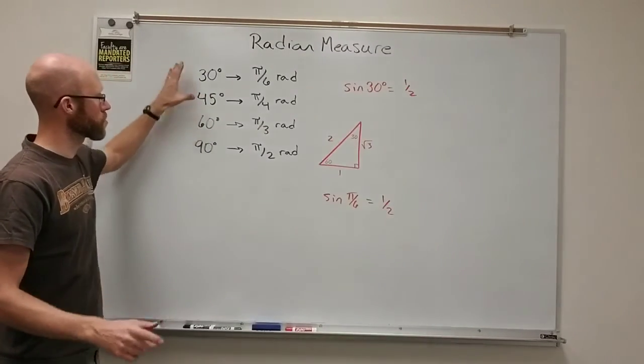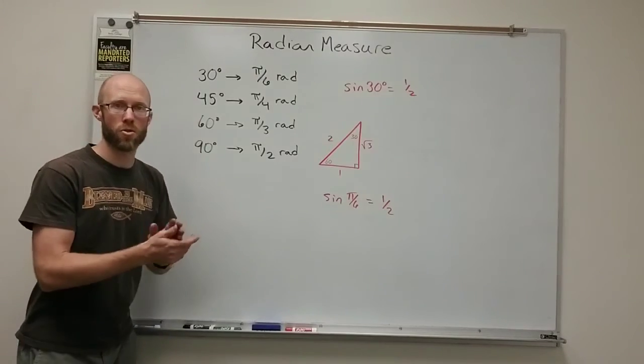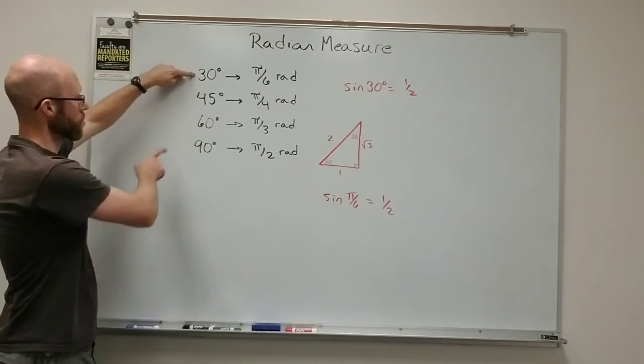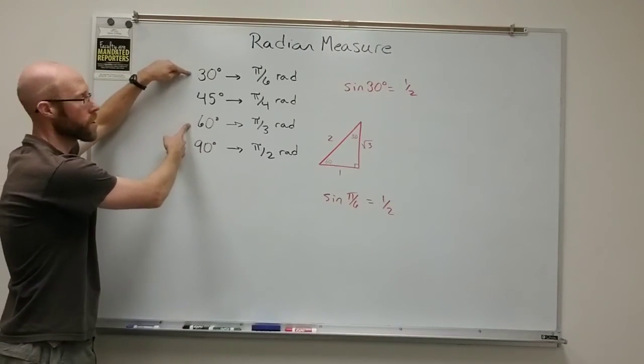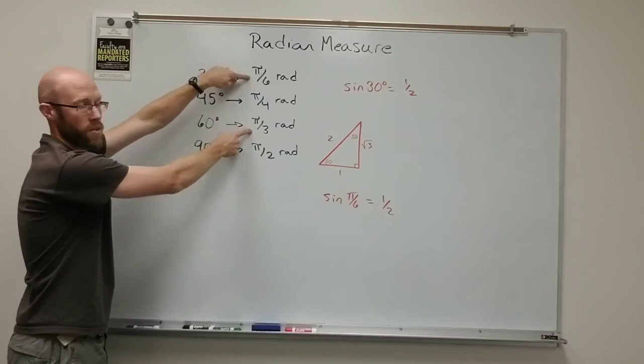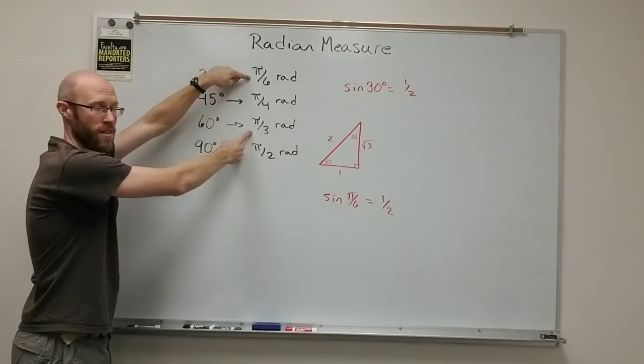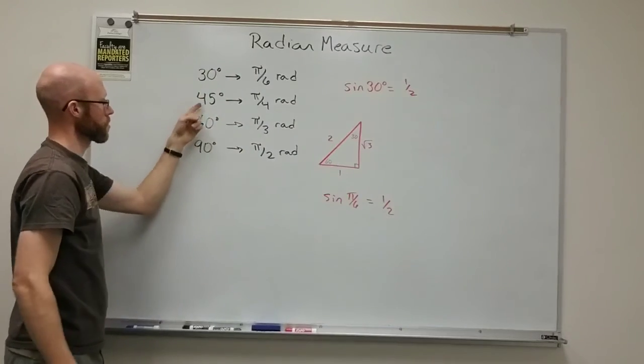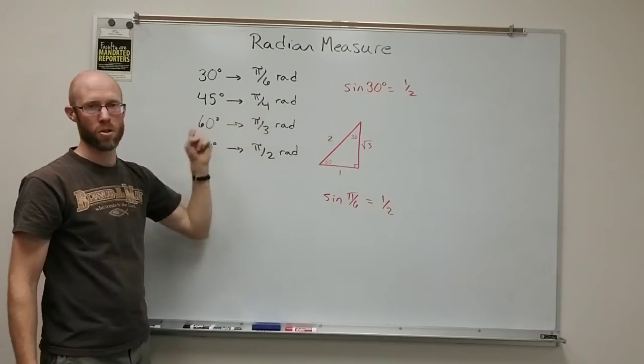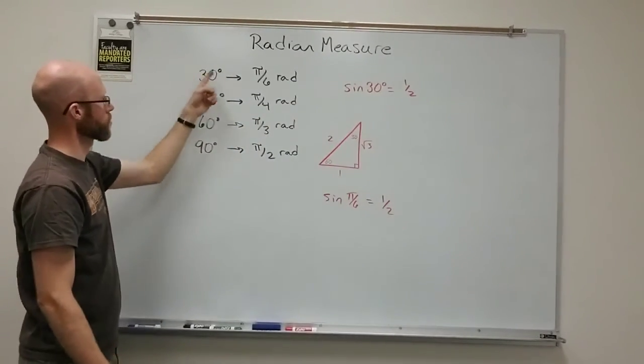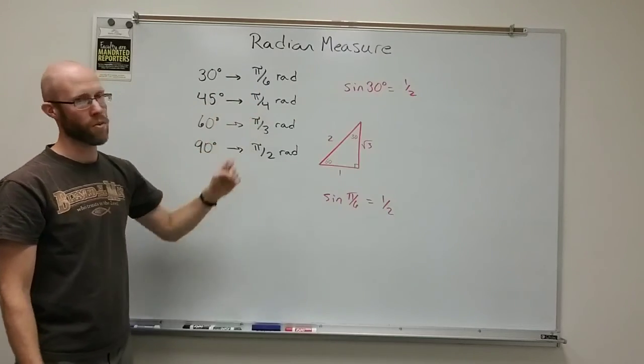A couple things to remember on this list, a couple of little tricks. First one is the 30 and the 60. Notice that 30 degrees is pi over 6 and 60 is pi over 3. The 3 and the 6 switch places, right? Also the 45 is pi over 4. The 4's correspond. So the 3 to the 6, the 6 to the 3, and the 4 to the 4.